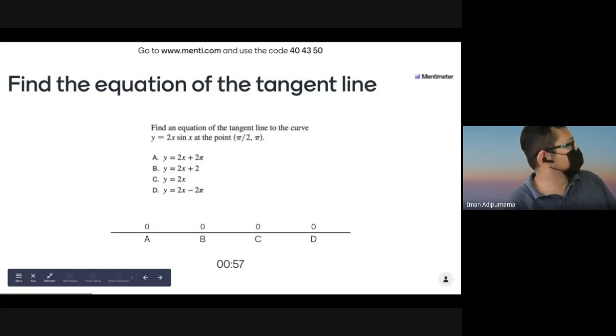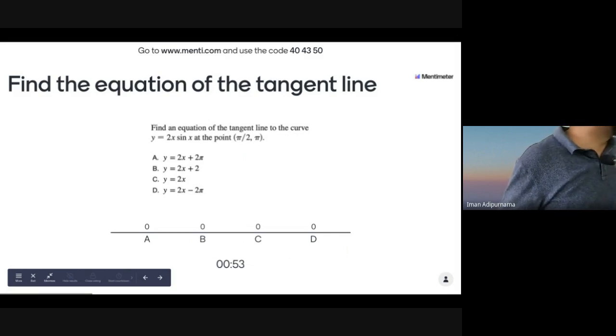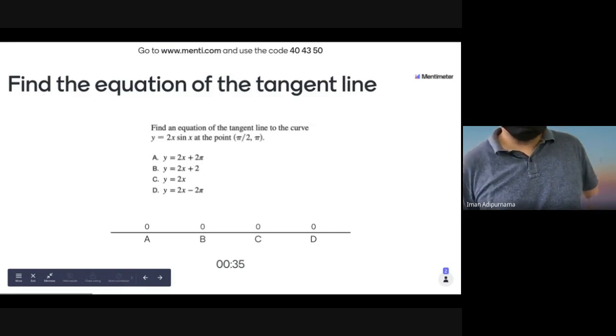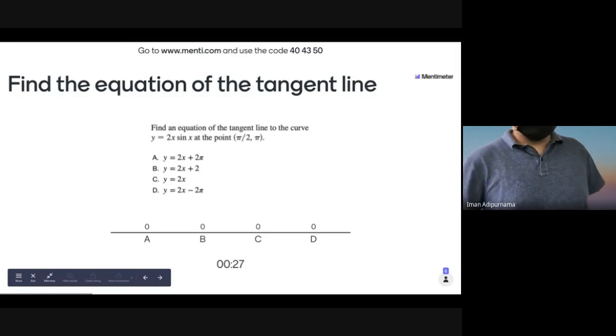One minute. Find an equation of the tangent line to the curve y equal to x sine x at the point pi over 2 and pi. I hope enough time. Get ready. Half minute.